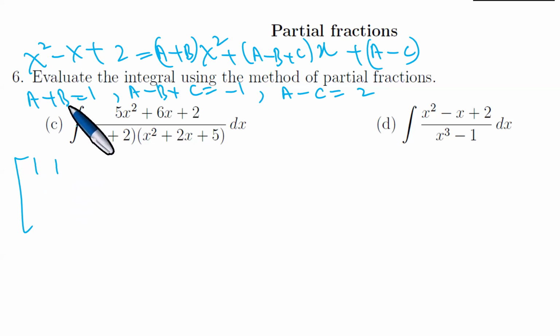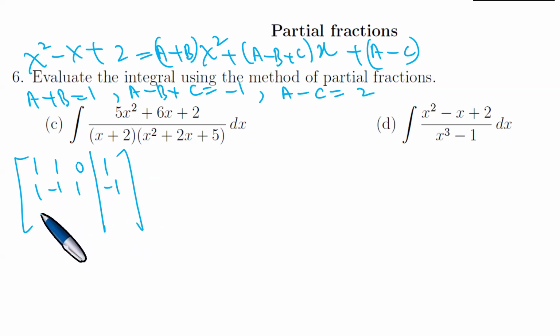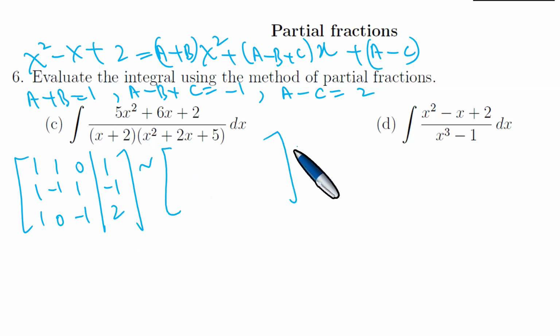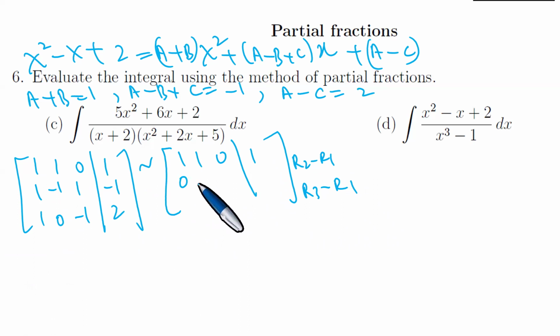Getting 1, 1, 0, 1; 1, minus 1, 1, minus 1; 1, 0, minus 1, 2. Row 2 minus row 1, row 3 minus row 1.